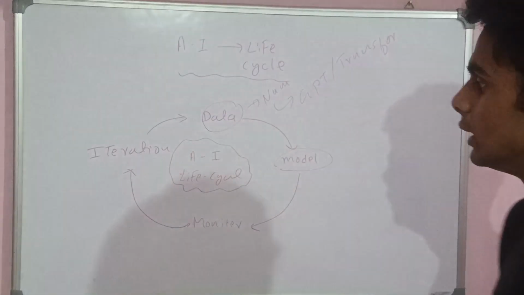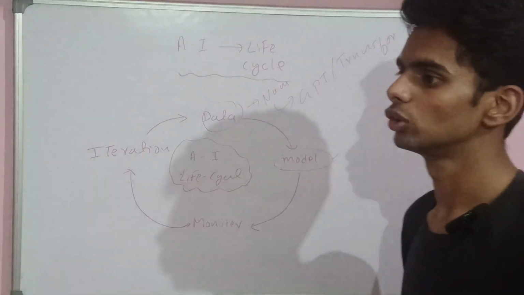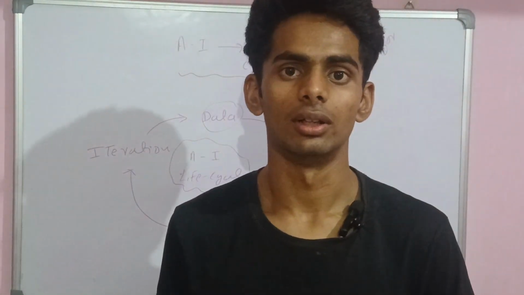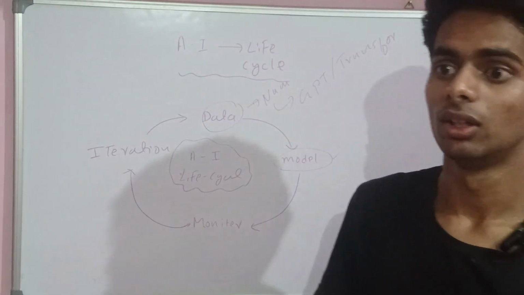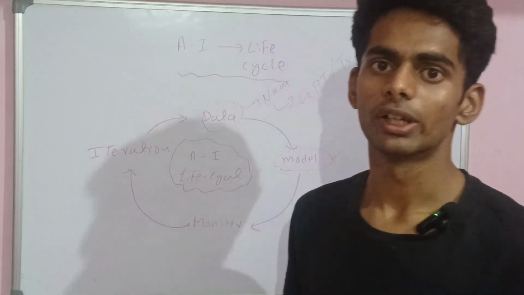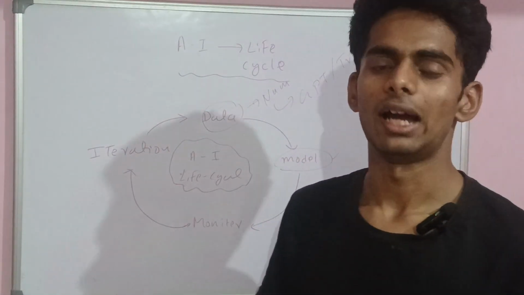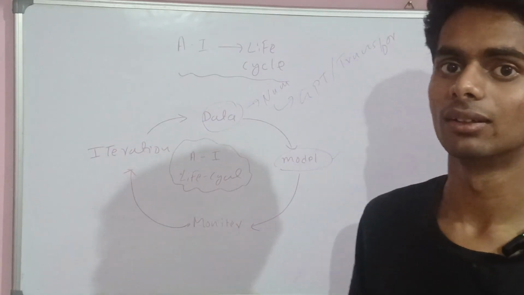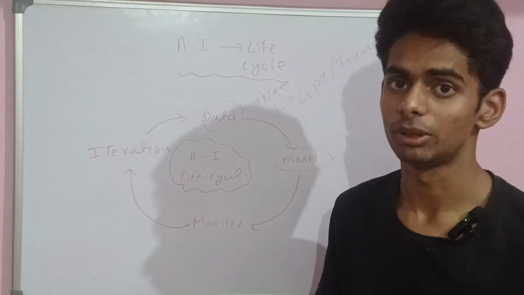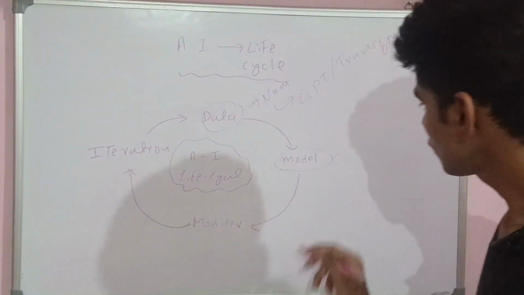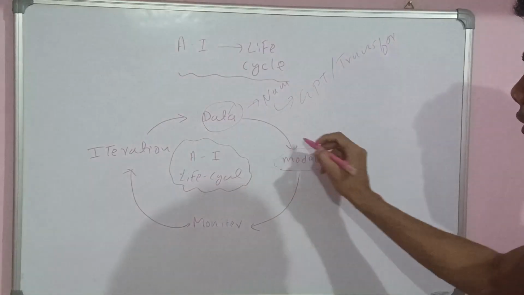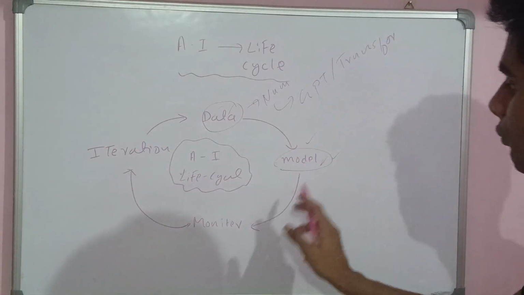You need to choose the architecture because every problem and every data has a specific model. When you're dealing with images and text, I think the best model is GPT and transformer.